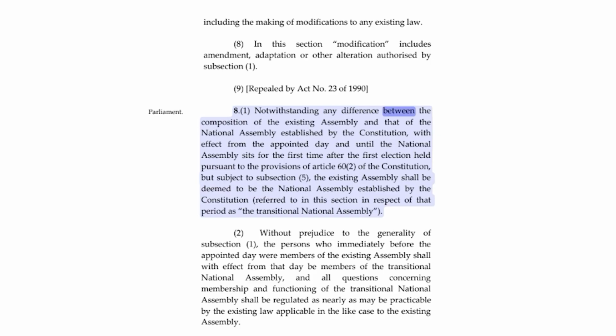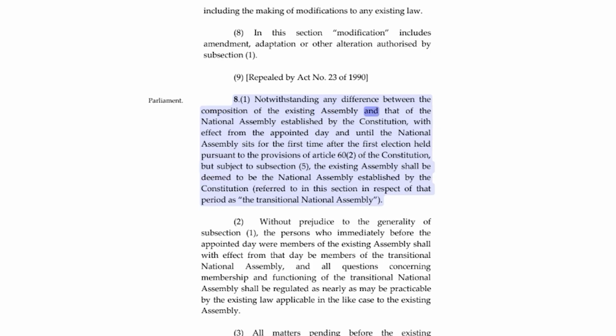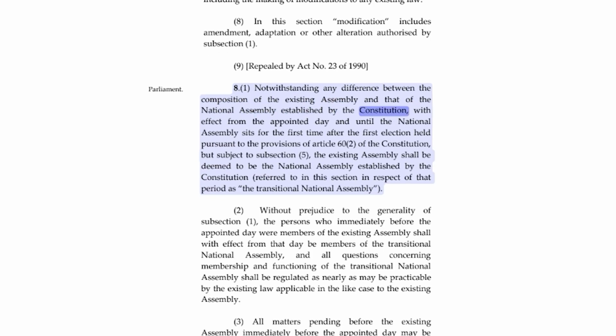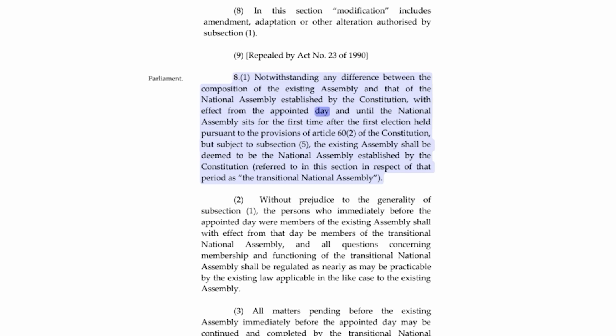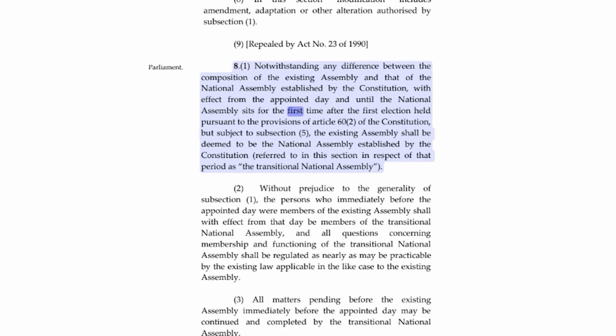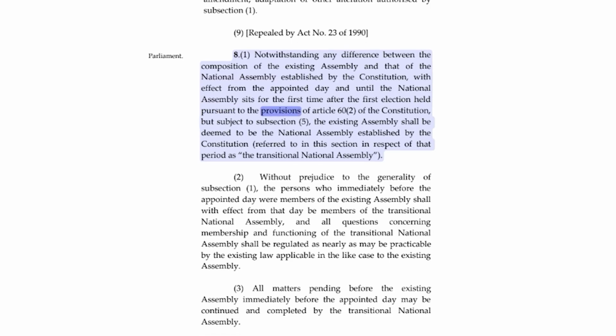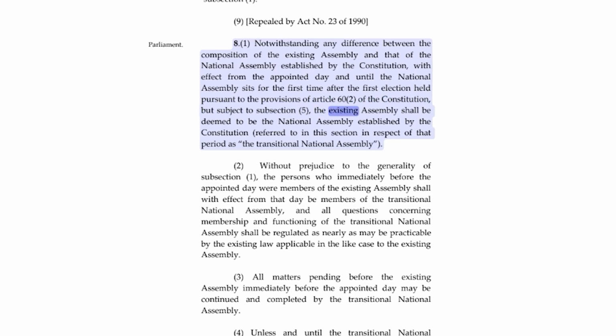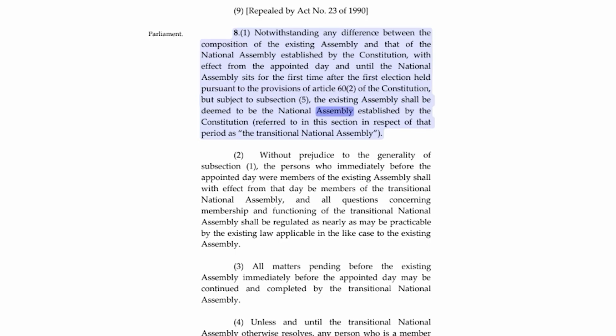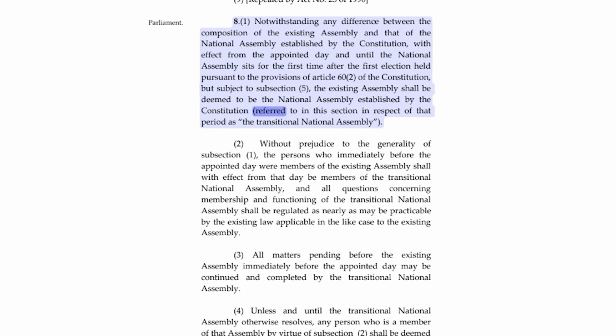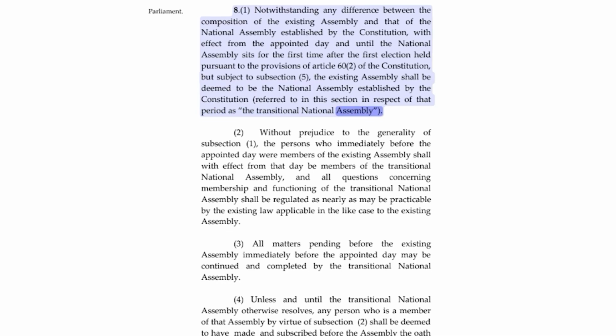8. 1. Notwithstanding any difference between the composition of the existing Assembly and that of the National Assembly established by the Constitution, with effect from the appointed day and until the National Assembly sits for the first time after the first election held pursuant to the provisions of Article 62 of the Constitution, but subject to subsection 5, the existing Assembly shall be deemed to be the National Assembly established by the Constitution, referred to in this section in respect of that period as the Transitional National Assembly. 2.